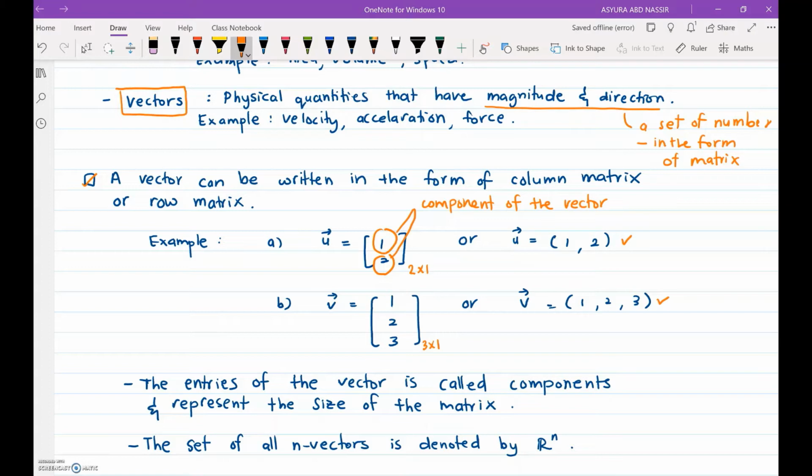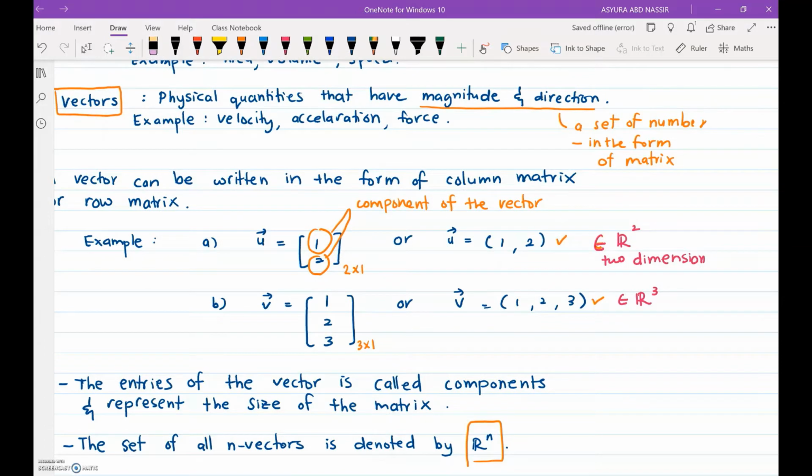The set of all n-vectors is denoted by Rn. So U is an element of R2, while V is an element of R3. R2 is called the 2-dimensional space, and R3 is 3-dimensional.